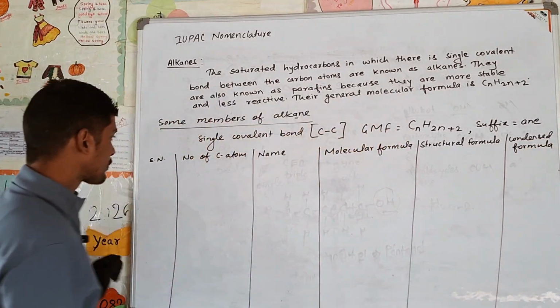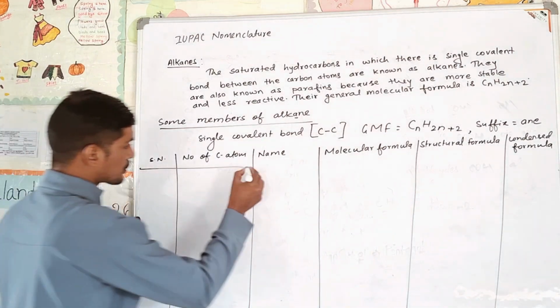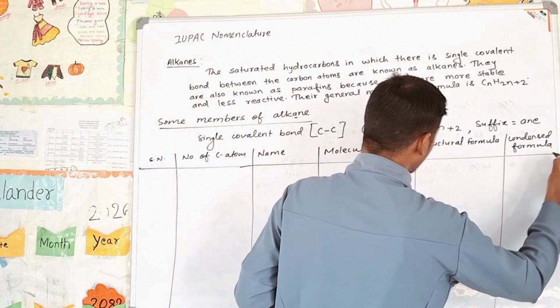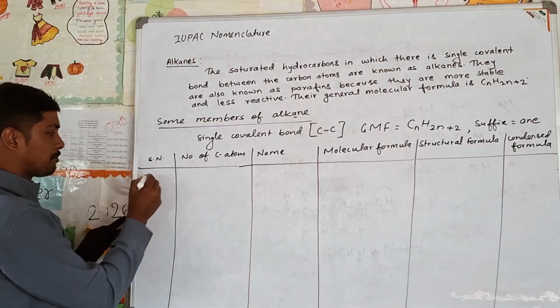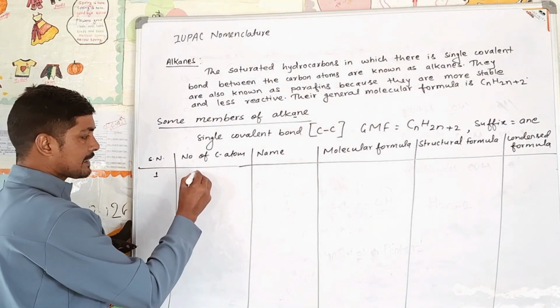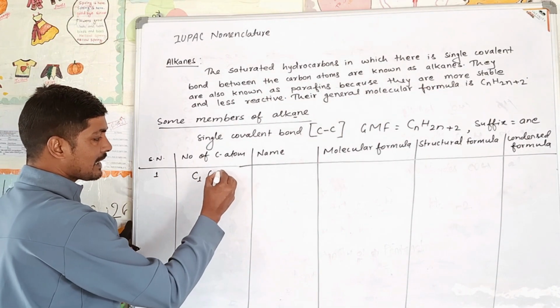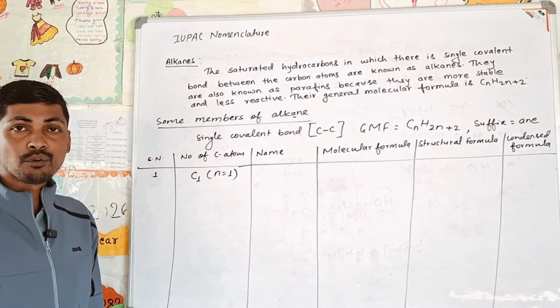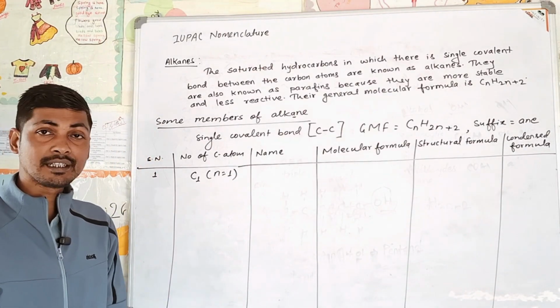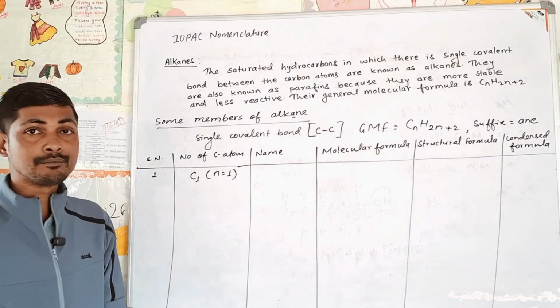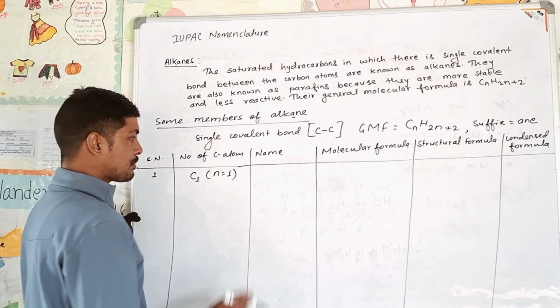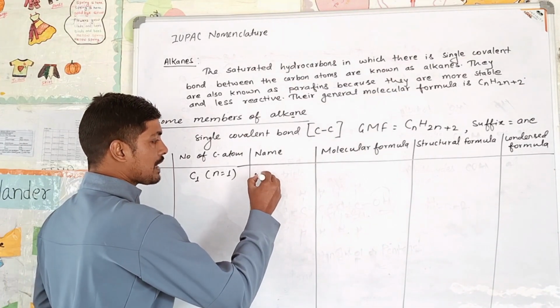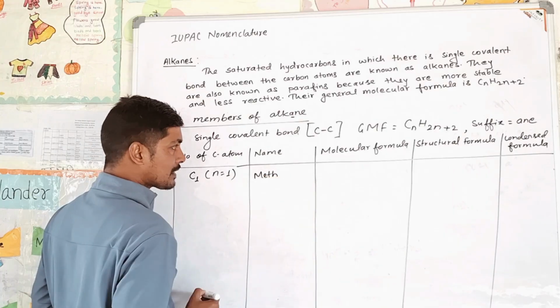Now here, the first member of alkane contains only one carbon. That means N is equal to 1. If there is only one carbon, what will be the name of this alkane? As you know, if there is one carbon, then we use the root word meth.